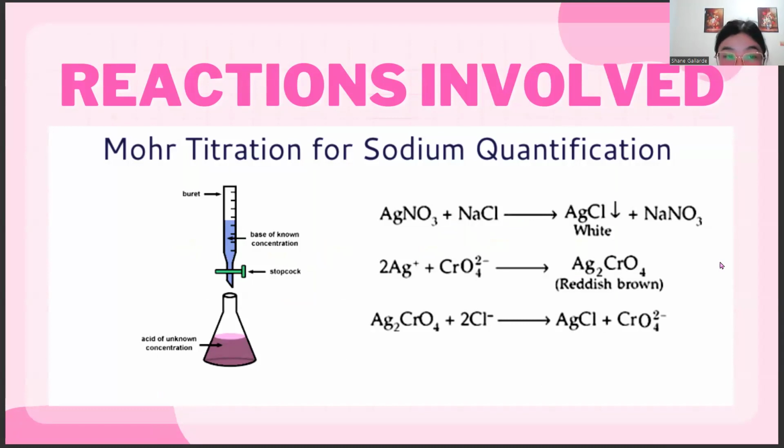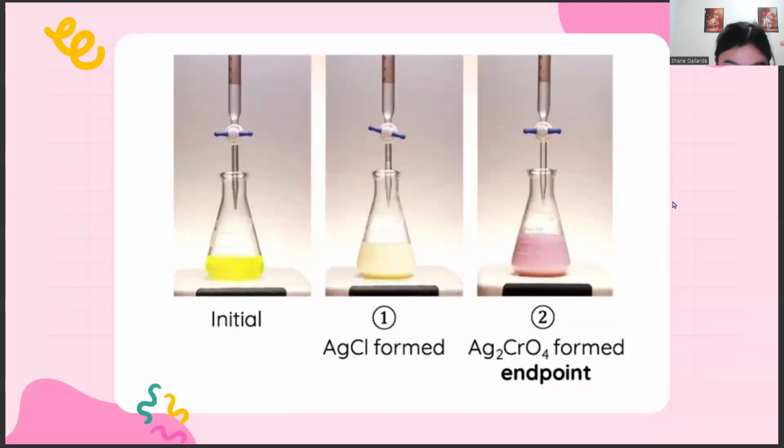When all chloride ions have reacted, the excess silver ions react with the indicator. As we can see in the third picture, it produced a precipitate, but this time the precipitate has a distinct reddish brown color.